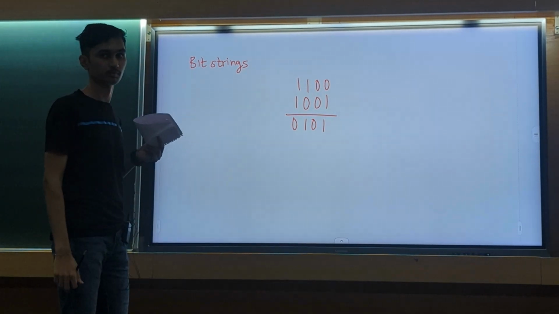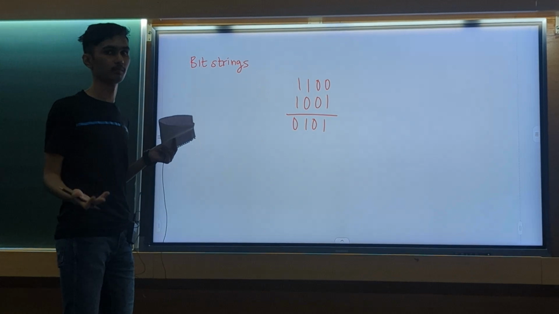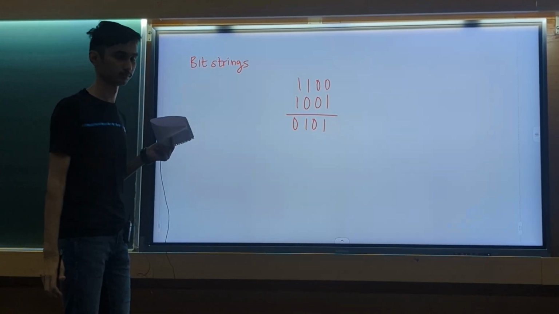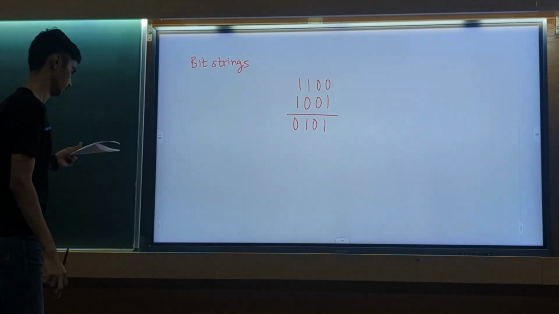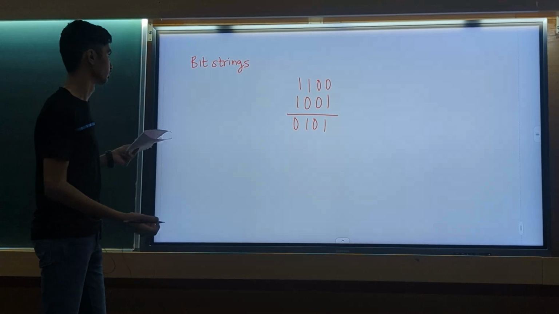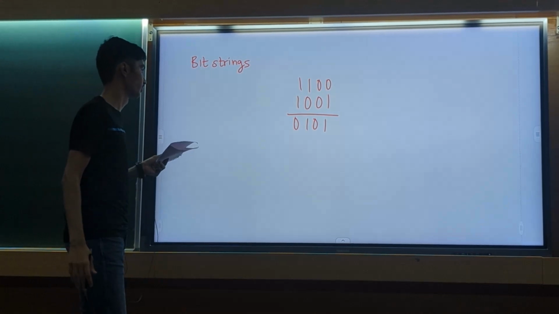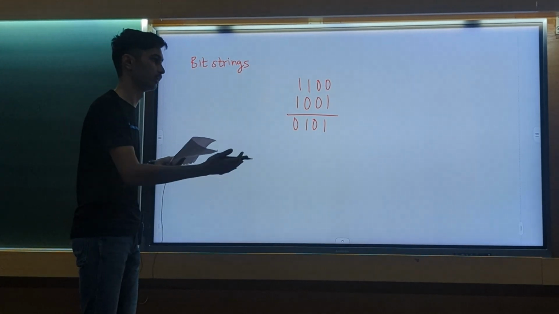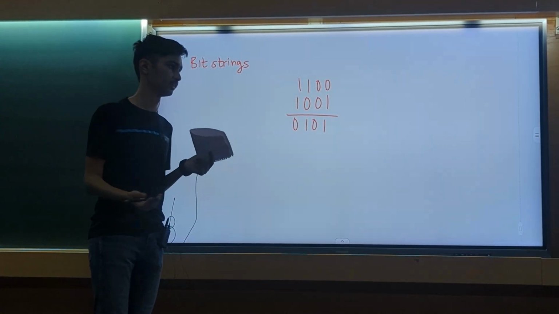No, because you are considering mod 2, it will always become 0 or 1. And yeah, you can also look at it as a field of two elements, 0 and 1. Now Mehul will start with what a field is.